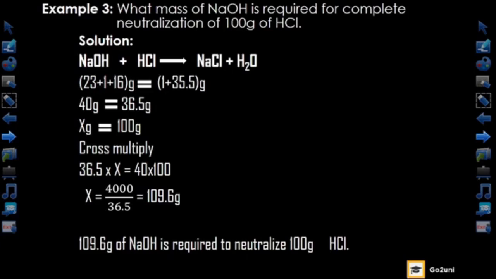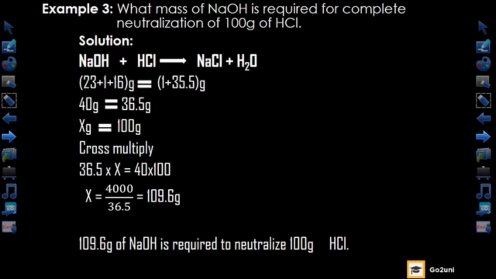Looking at the question, we have been given the equation for that reaction, and what we just need to do, just as we've been doing before, is calculate the molar masses of the individual elements making up the compounds there, sodium hydroxide and HCl.